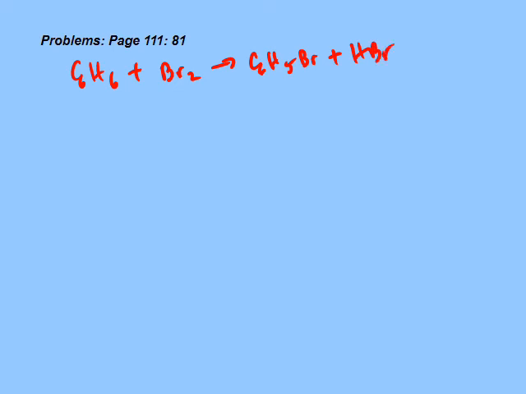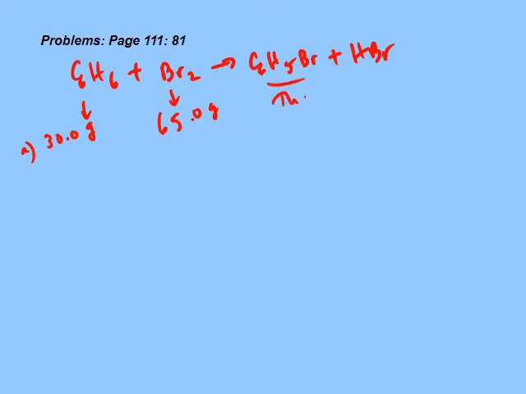In part A, they're saying that when 30.0 gram of benzene reacts with 65.0 gram of bromine, what is the theoretical yield of bromobenzene?